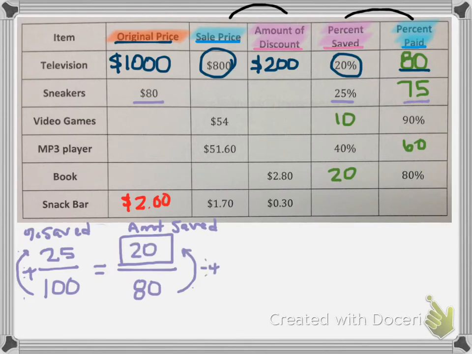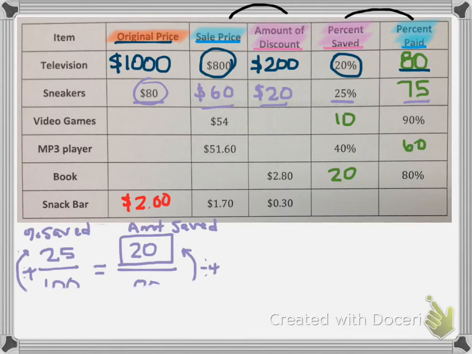So the amount that I save is $20. That's going to go right there. All right, so that means if the original was 80 and I save 20, I'm going to pay 60. Remember, these two have to add together to be the total. Okay, that's how we're doing it.